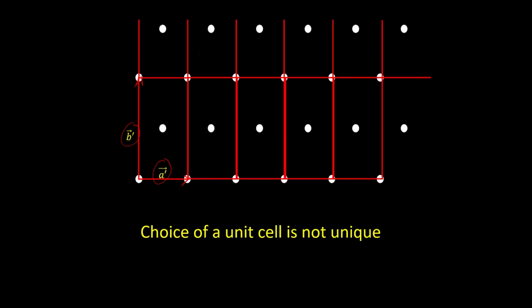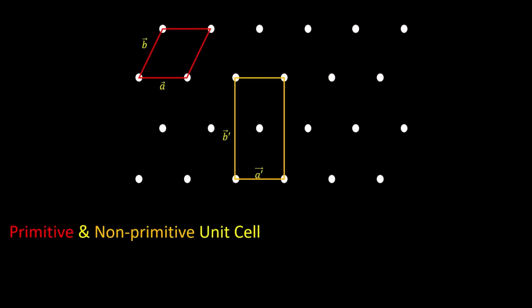So the choice of a unit cell is not unique. And one more thing is that there are two types of unit cells. It can be a primitive unit cell or it can be a non-primitive unit cell. So let's see what a primitive unit cell is and what a non-primitive unit cell is.